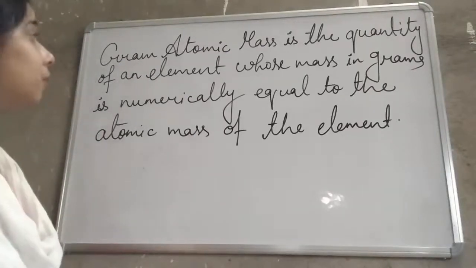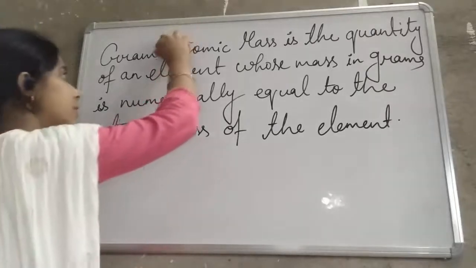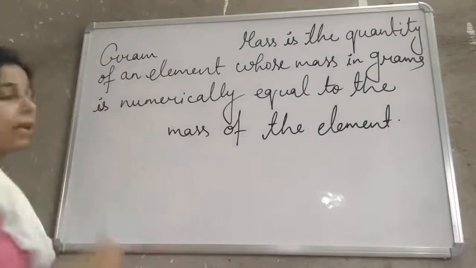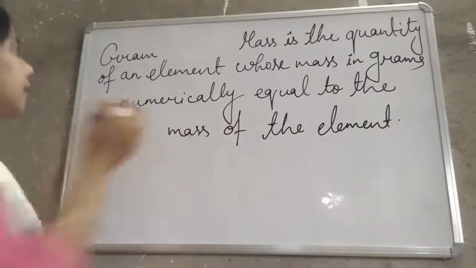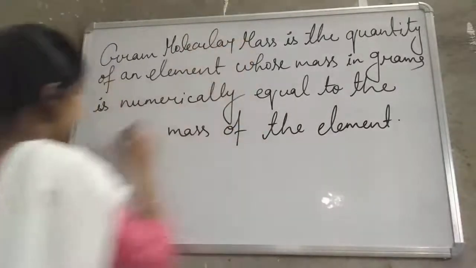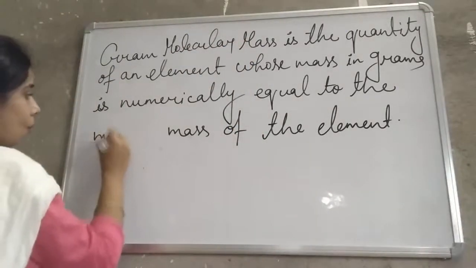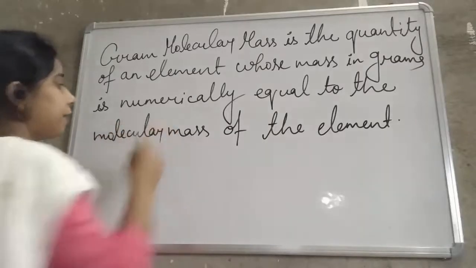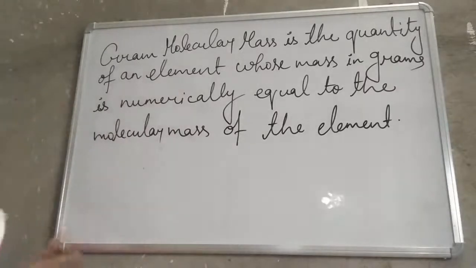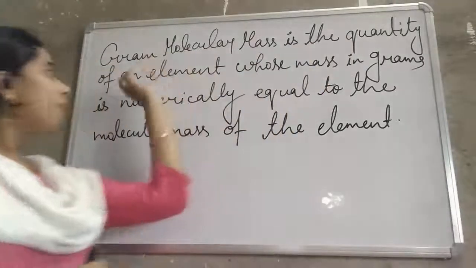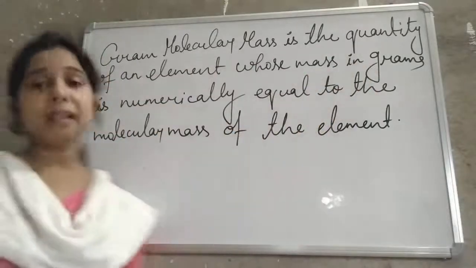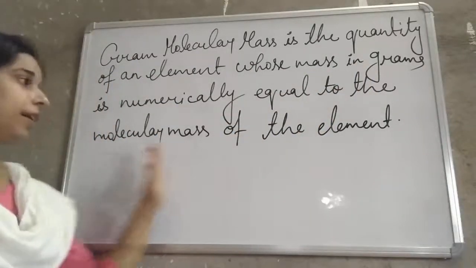Now if you talk about the gram molecular mass, students, the definition is similar to that of the atomic mass. In place of atomic mass, if you simply write molecular mass, that will give the definition of the gram molecular mass. So gram molecular mass is the quantity of a substance whose mass in grams is numerically equal to its molecular mass.